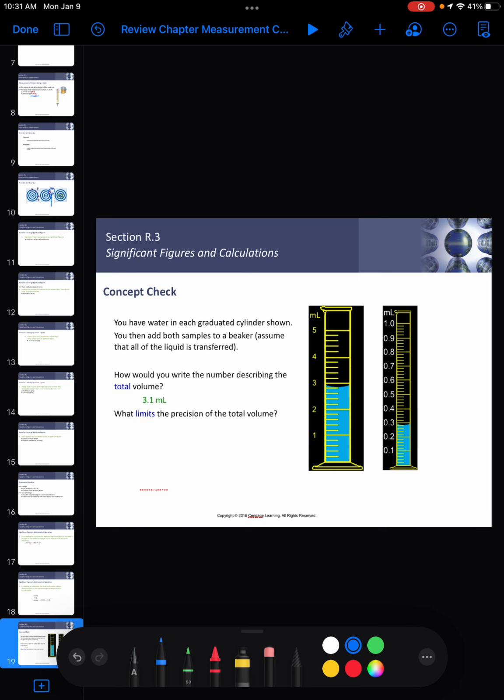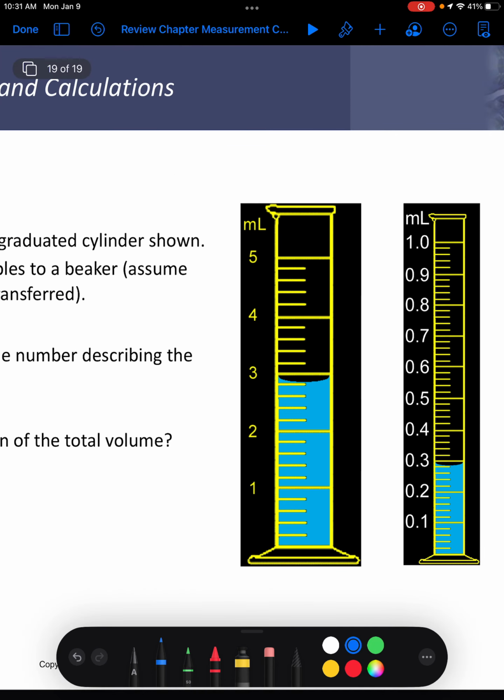So, here are two graduated cylinders, a 5 mL graduated cylinder and a 1 mL graduated cylinder, which is much more precise. And you can see, if I were to add these together, this one I would read as 2.9 milliliters, maybe a little over, 2.91, 2.92.